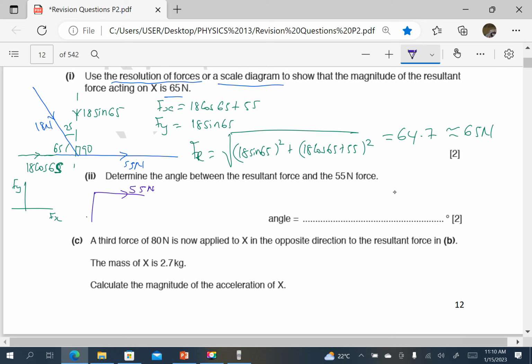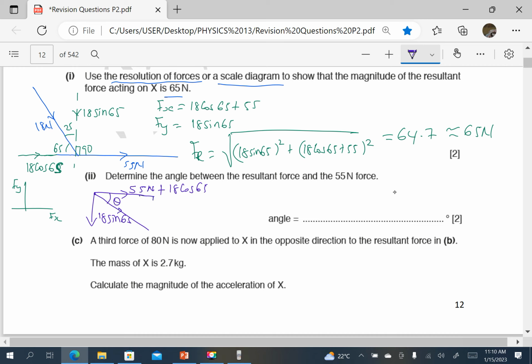In the horizontal there was 55 plus 18 cos 65. In the vertical there was 18 sine 65, downwards. We want the angle between the resultant and 55.